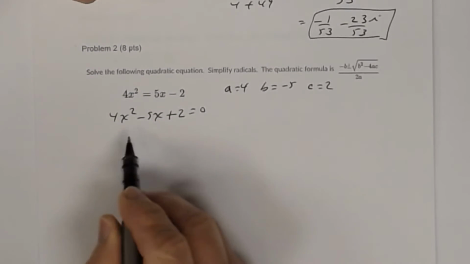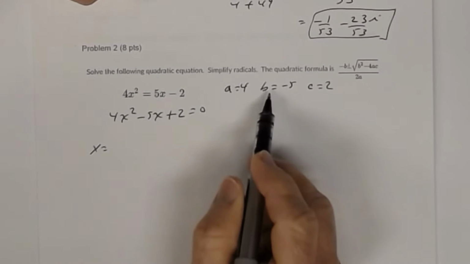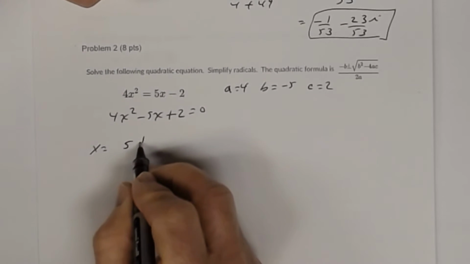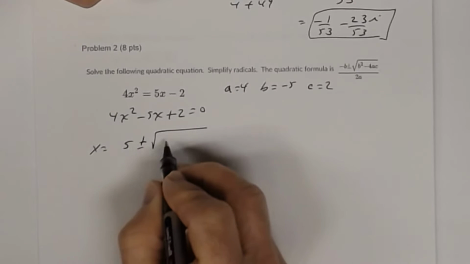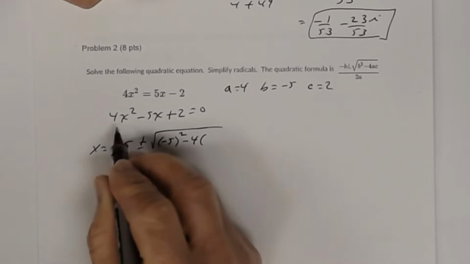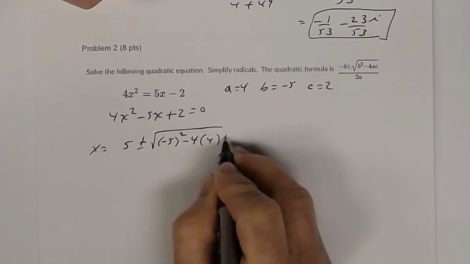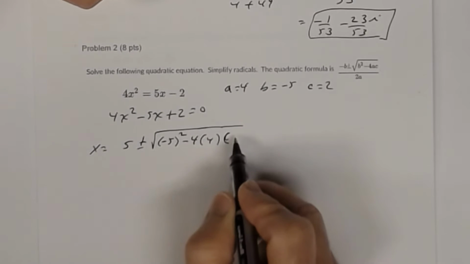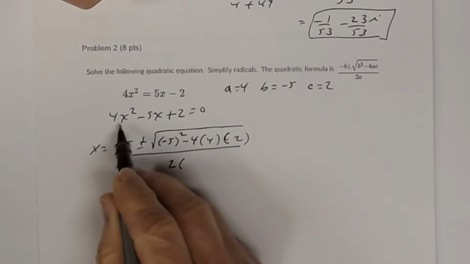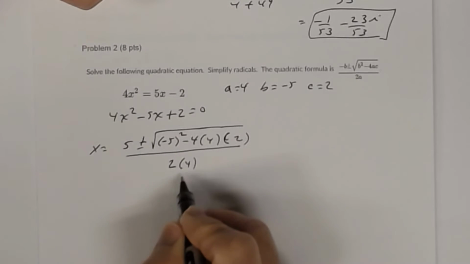And so using the quadratic formula, I get x equals the opposite of b. So the opposite of negative 5 is a positive 5, plus or minus the square root of b, which is negative 5 squared, minus 4 times a, which is 4, times c, which is 2. All of that is being divided by 2 times a, and a is 4.